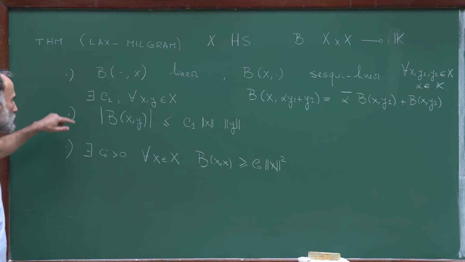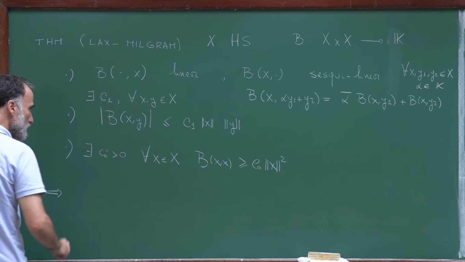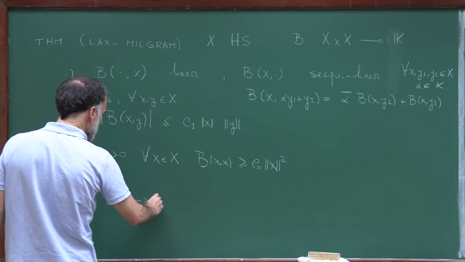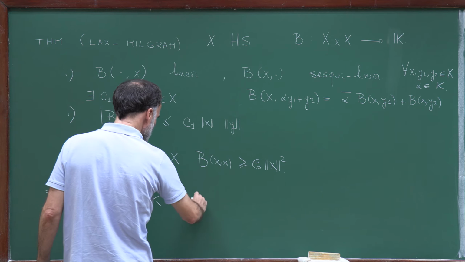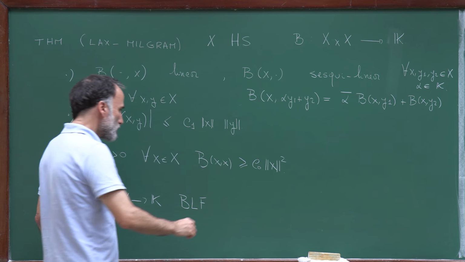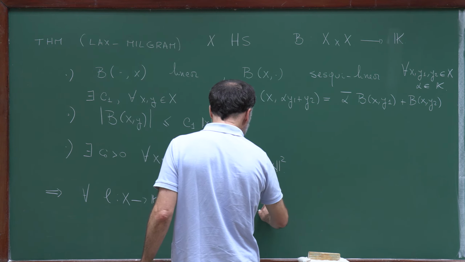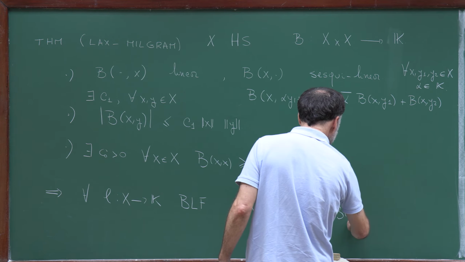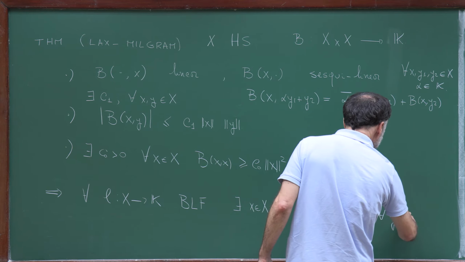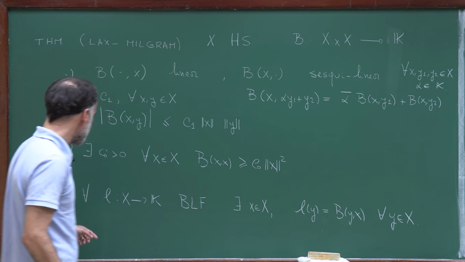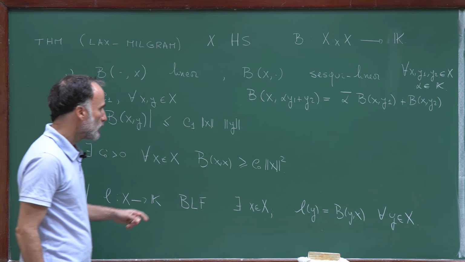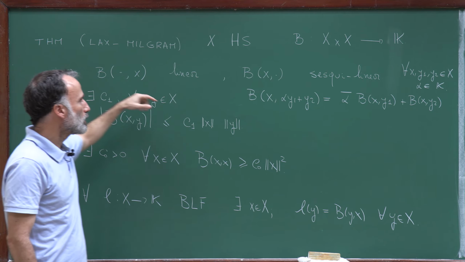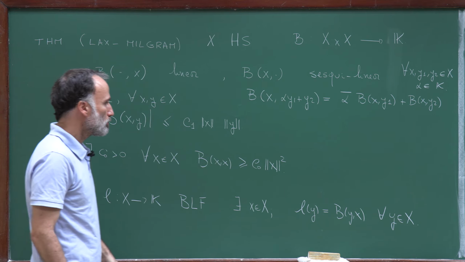So I'm assuming these three assumptions on B, and the statement says that then for all bounded linear functionals L, there exists x in X such that L of y is equal to B of y x for all y in X. So we have a representation of bounded linear functionals L in terms of this bilinear functional B, understanding that on the second coordinate it's not linear, but sesquilinear.